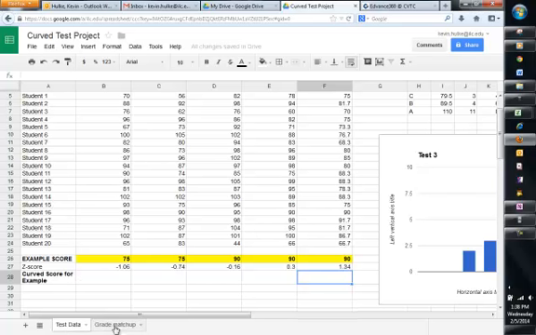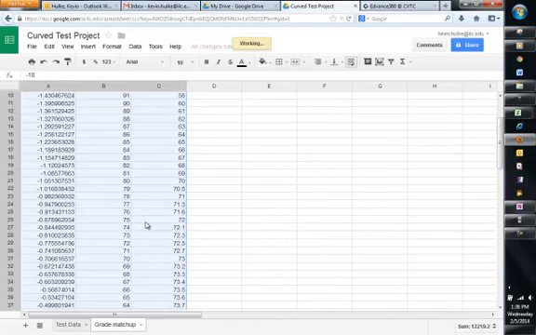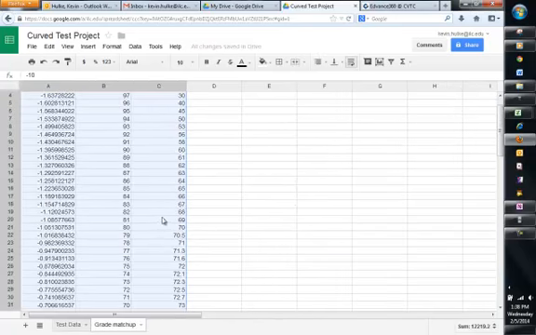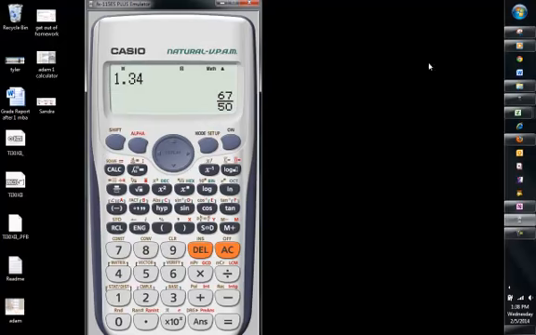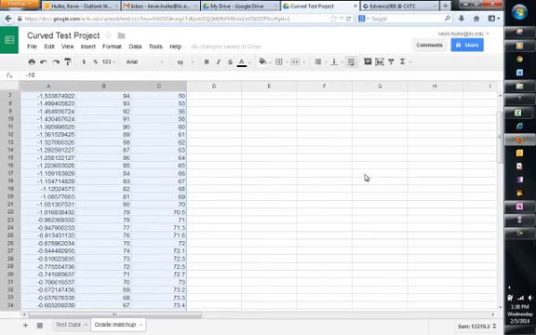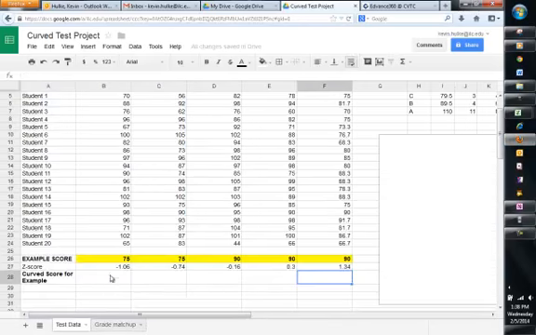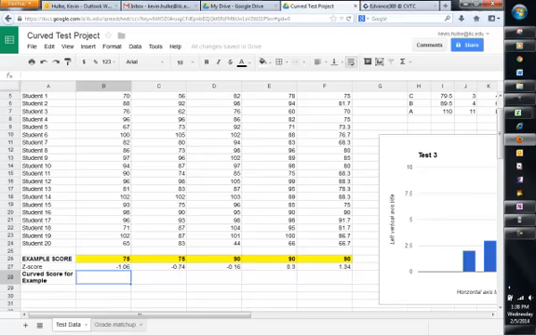So you have to go to the tab called Grade Matchup, and we're going to look for the z-score of negative 1.06. It's right around a 69 or a 70. So I'm going to say 70.